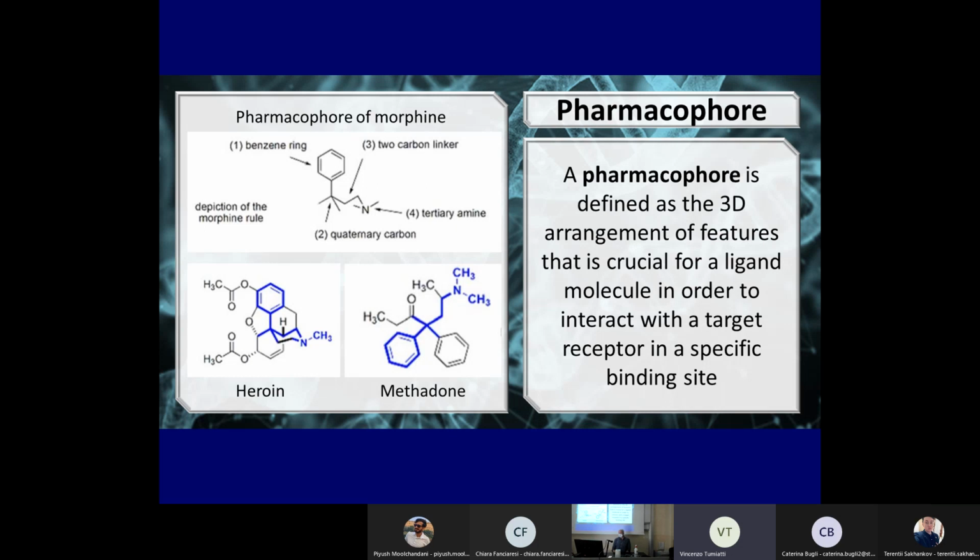So we'll see this type of approach, but methadone represents the pharmacophore, the minimal chemical structure necessary to have the painkiller activity of heroin.